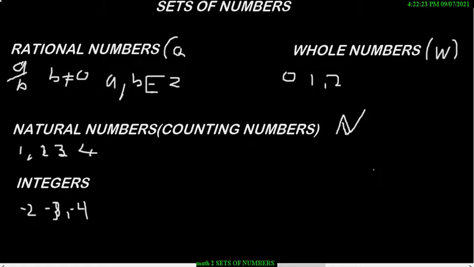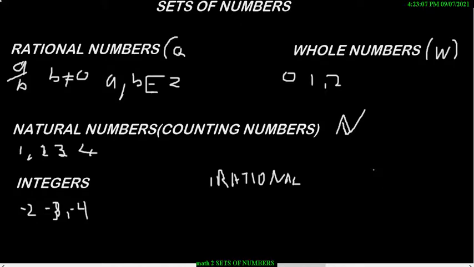And also, if we have rational numbers, we also have irrational numbers. Irrational numbers are simply the opposite of rational numbers. We said rational numbers are numbers that can be expressed in the form a over b.